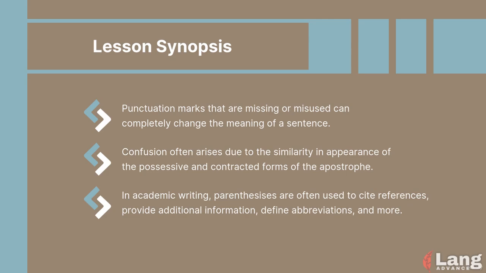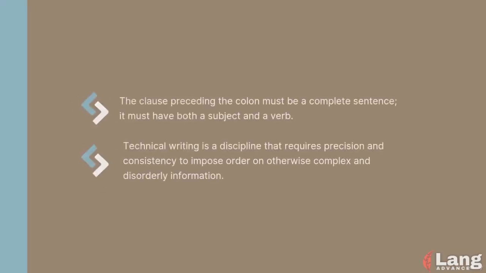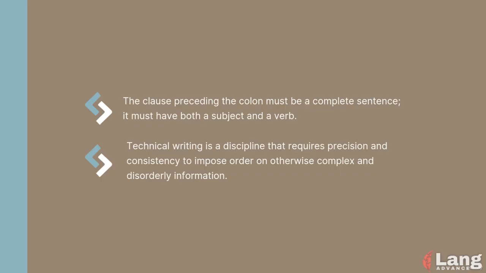In academic writing, parentheses are often used to cite references, provide additional information, define abbreviations, and more. The clause preceding the colon must be a complete sentence. It must have both a subject and a verb. Technical writing is a discipline that requires precision and consistency to impose order on otherwise complex and disorderly information.